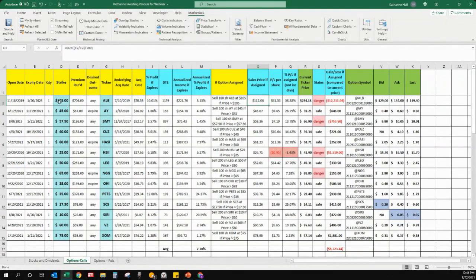So if these shares get called away at 105, it's kind of like I'm really getting 112 for them. But yeah, this is definitely a bad situation, no doubt about it. I don't know if that answered your question or not.